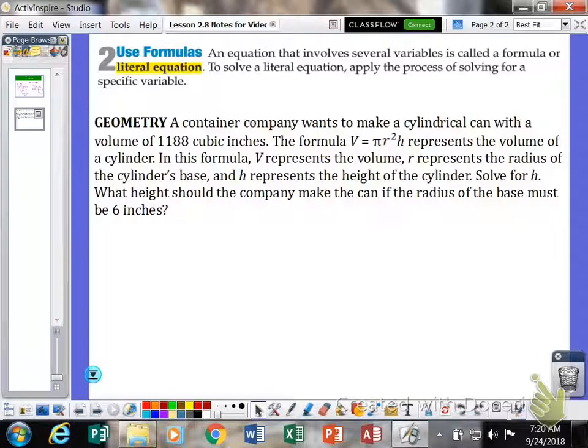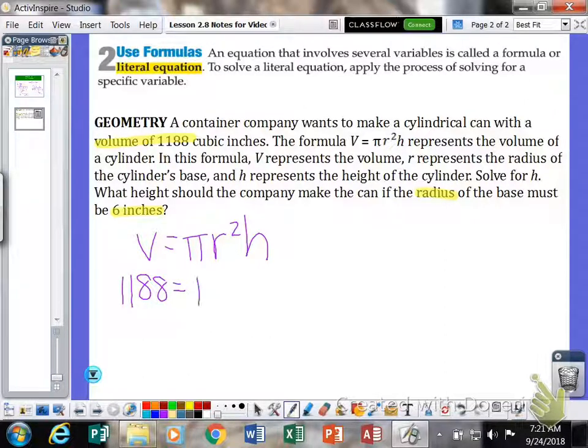Okay, so what we can do here is we know V, the volume, and we know the radius of the base has to be 6 inches. So we can start with the formula, V equals pi r squared h. We're going to substitute in for V, 1188, equals, I'm going to leave pi alone.